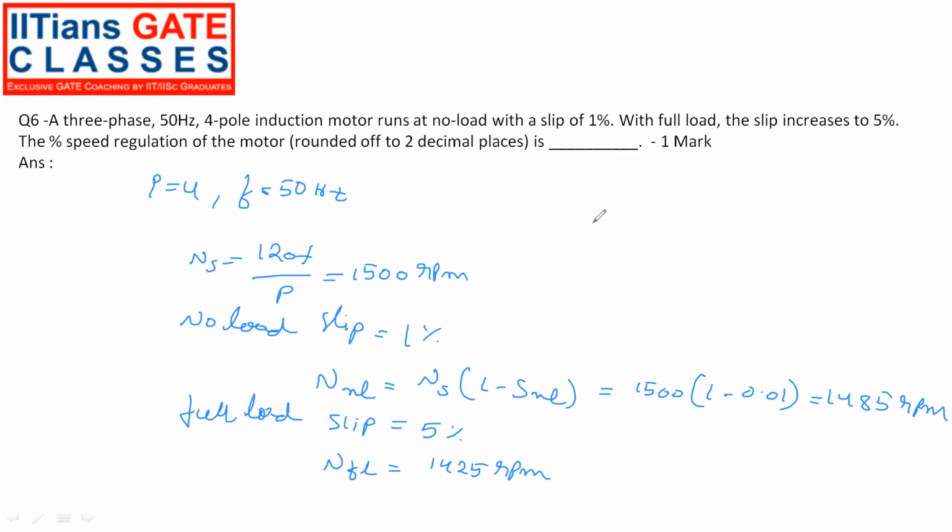So now the speed regulation equals no load speed minus full load speed, by full load speed. If you want it in percentage, you can multiply by 100, you will be getting 4.21 percent.